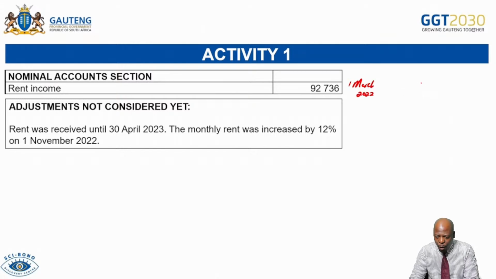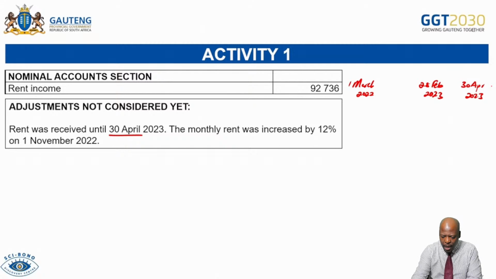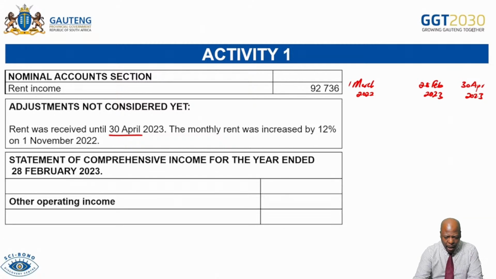And it ends on the 28th of February 2023. Very key. Okay, but then we are told that rent was received until 30 April. So it means we're coming here to 30 April. This is now in 2023. Very key.